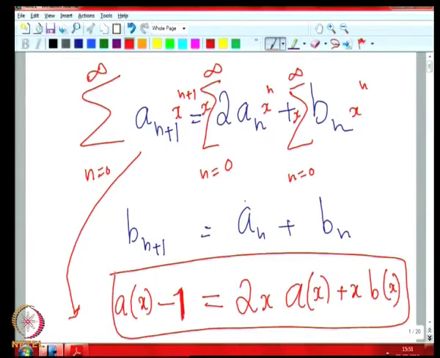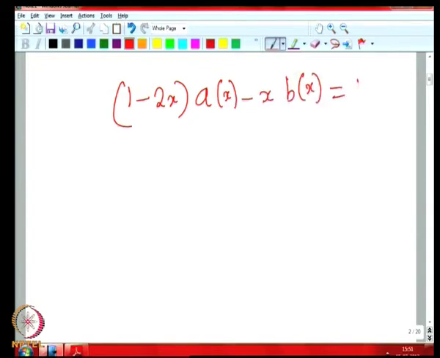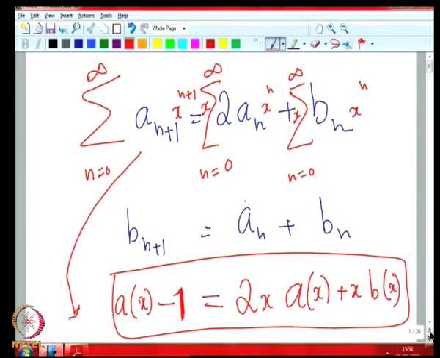Now, we can rearrange this as we mentioned yesterday: take the 1 to this side and all Ax and Bx to this side. That means 1 minus 2x times Ax minus x times Bx is equal to 1. This is the first equation we get, right.